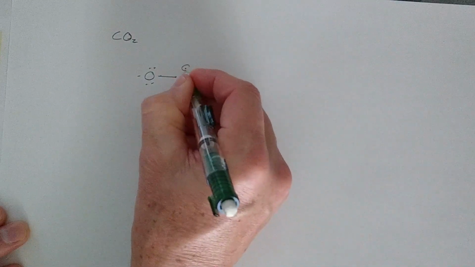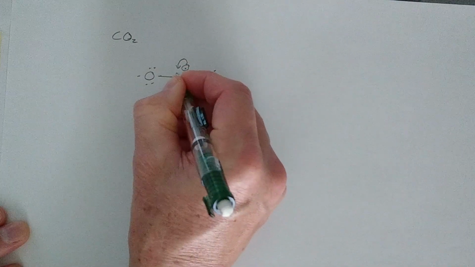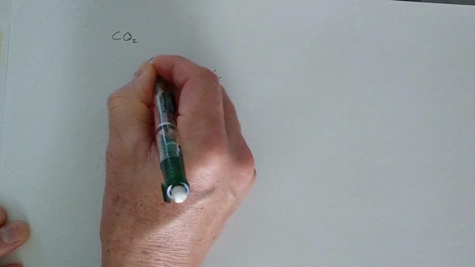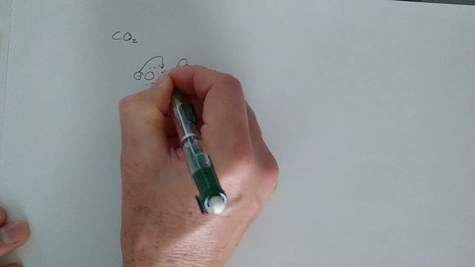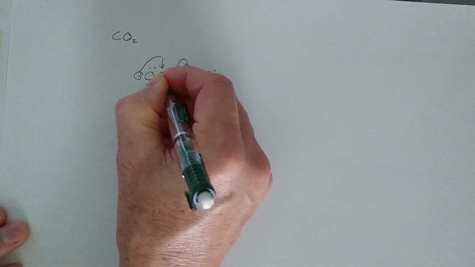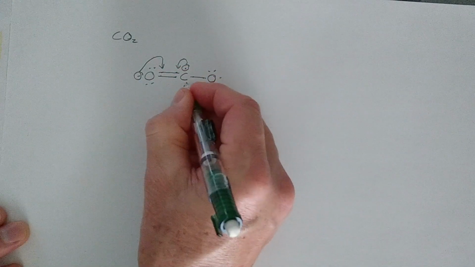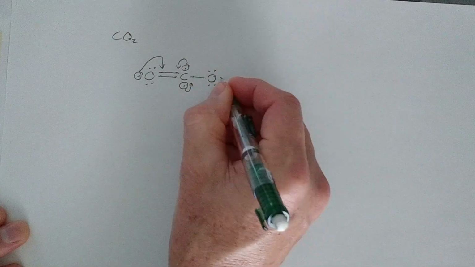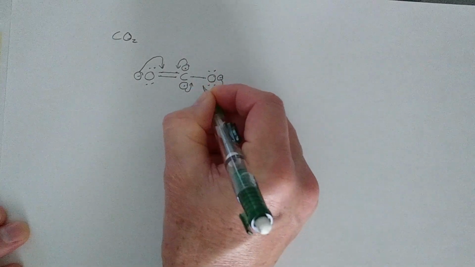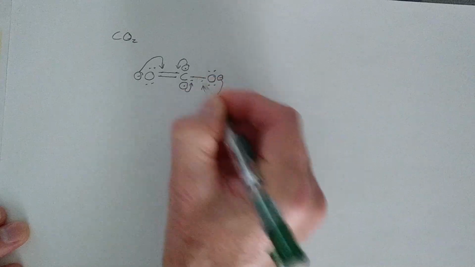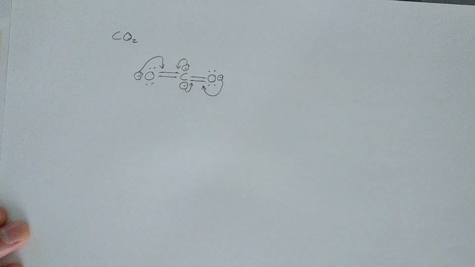We shall move this lone electron on carbon to the middle and this lone electron on oxygen to the middle, allowing formation of a double bond. We shall move this electron to the middle and this electron to the middle, allowing formation of another double bond.